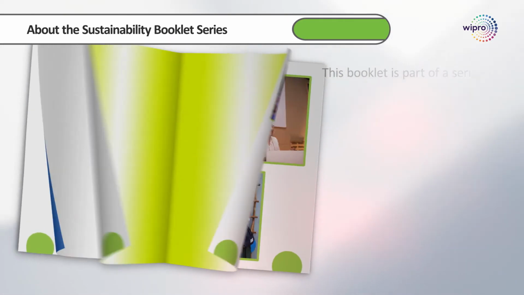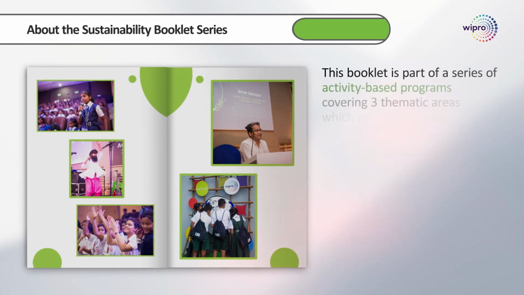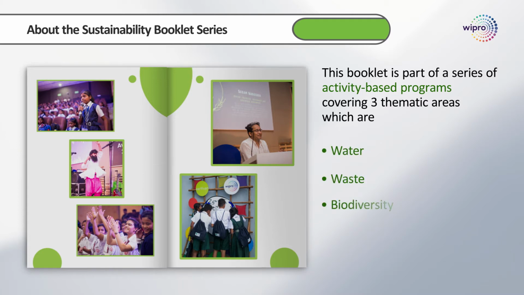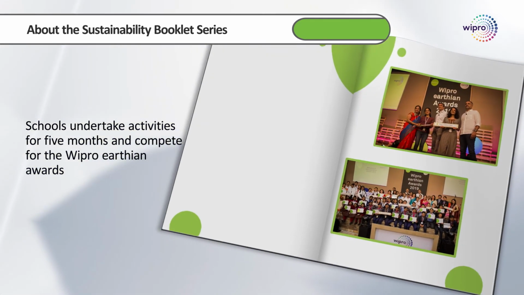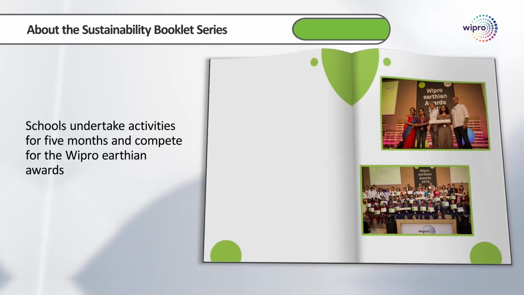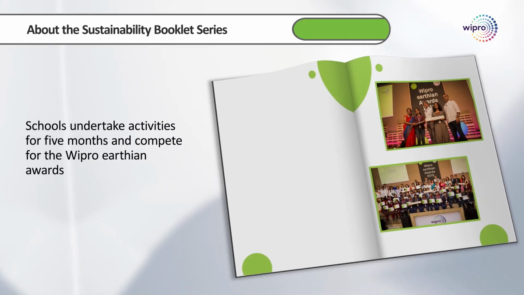This booklet is part of a series of activity-based programs covering 3 thematic areas, which are water, waste, and biodiversity, each having a corresponding booklet. Schools undertake activities for 5 months and compete for the Wipro Earthian Awards.